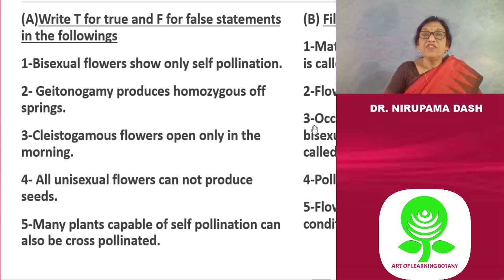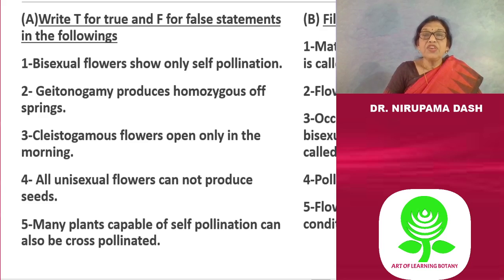First one: bisexual flowers show only self-pollination. It is false, because sometimes bisexual flowers also show cross-pollination. Then geitonogamy produces homozygous offspring. It is true.